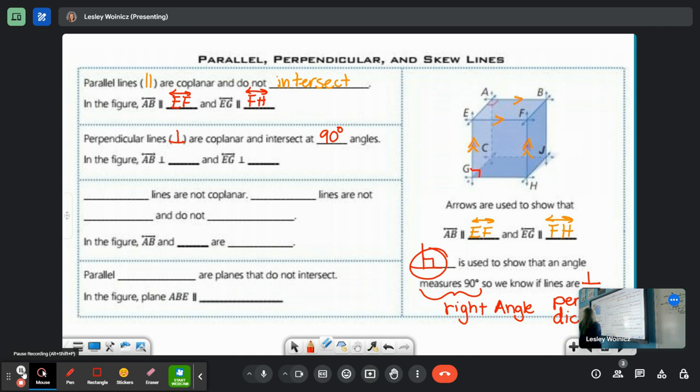Do you see how that little box is kind of slanted? That means this one and this one. Does everybody see it? You've got to be careful. It's a little bit sneaky. So AB is going to be perpendicular to AE.